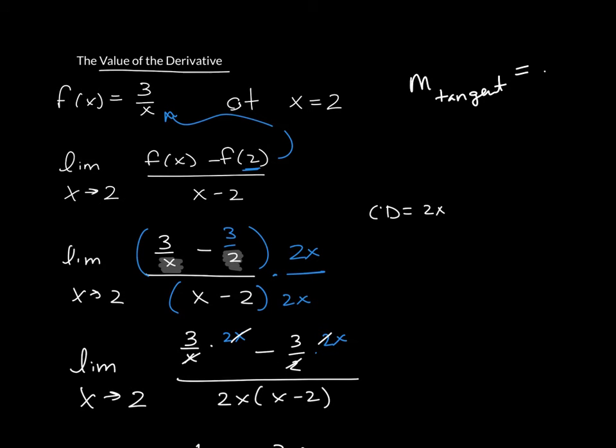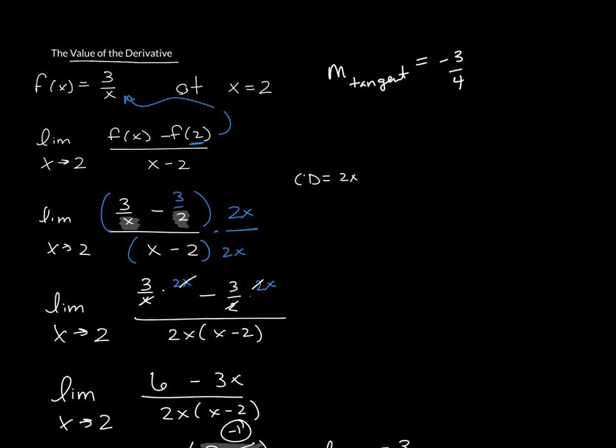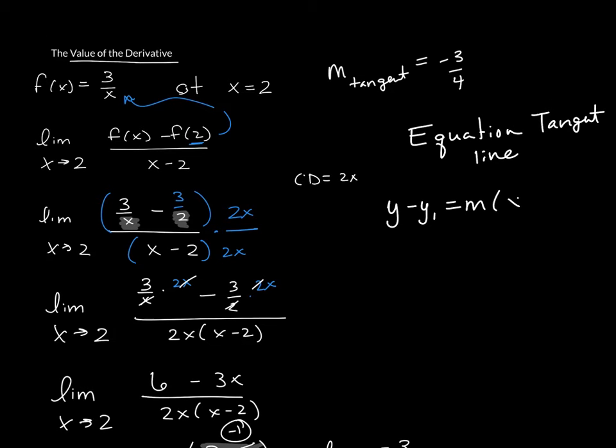which is negative 3/4. If I want to go ahead and extend this question and ask you to find the equation of the tangent line, remember that anytime we ask for the equation of the tangent line, it's just y minus y1 is equal to m times x minus x1.